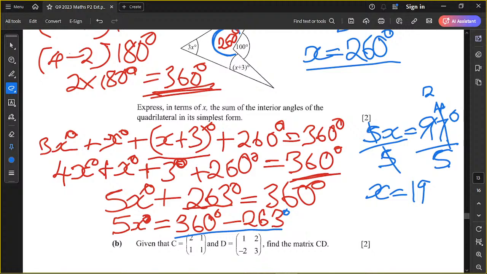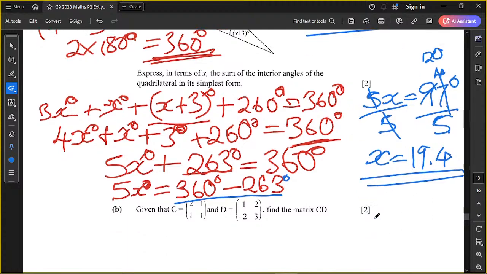So we add 0 to 2, it becomes 20. Then to this 19, we put a decimal point. Then 5 into 20, it will go 4 times. That is the value of x. Okay, in that way, we have written the total sum of the interior angles of the quadrilateral in its simplest form, that is x is equal to 19.4.